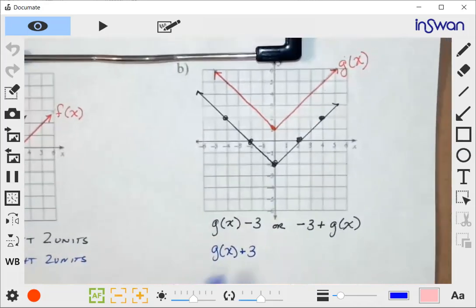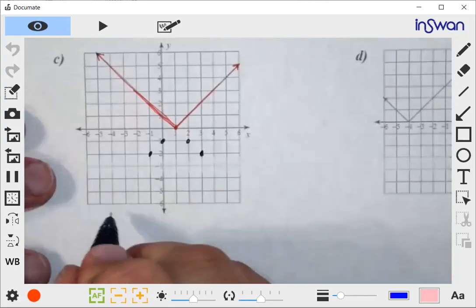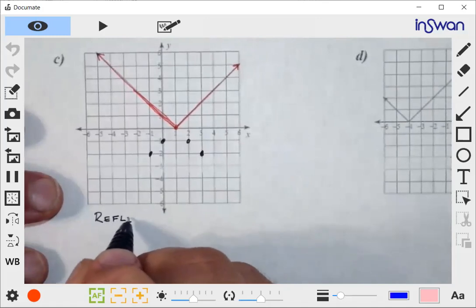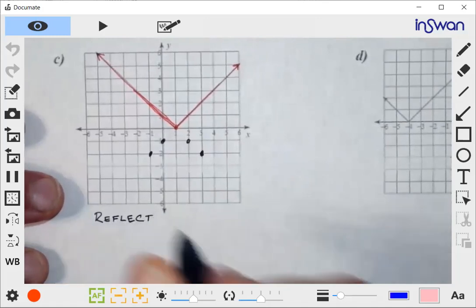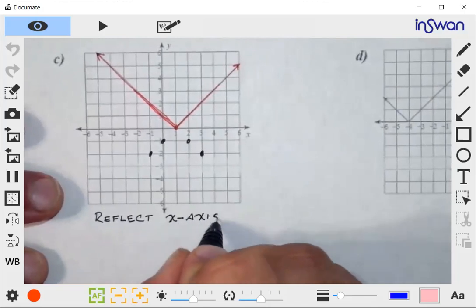Now, there are some more transformations that are going to be important for you to be familiar with. And one of those other transformations is one where we are going to talk about reflecting in the x-axis, right?